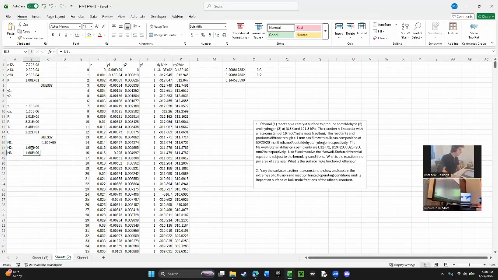And for N2 and N3, again, this is going back to the molar analysis. If you look at the reaction, which I have written down here, you have ethanol turning into acetaldehyde, right? So you have C2H6O turning into C2H4O, plus the hydrogen.